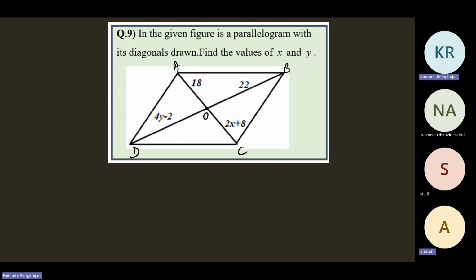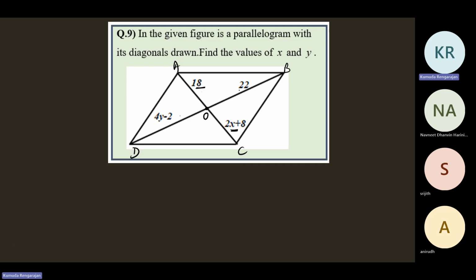Children, one minute. Can you see 18? Which line segment is 18? AO. Which line segment is given by this expression 2x plus 8? OC. AO is equal to OC. Okay, now tell me this one.